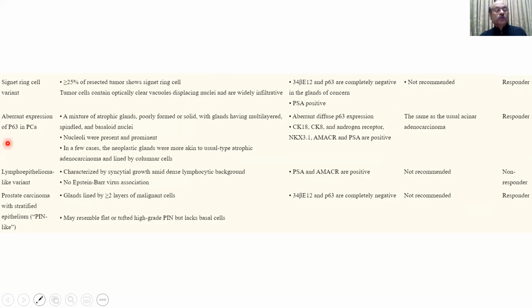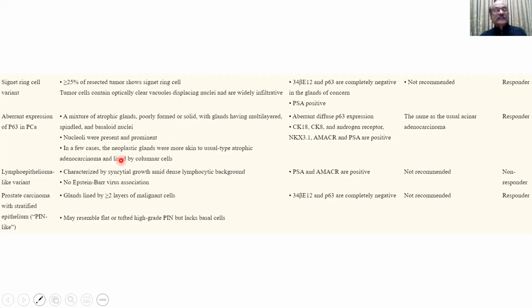Aberrant expression of P63 in prostate cancer. This is another variant. Here, a mixture of atrophic glands, poorly formed or solid, with glands having multilayered spindle and basaloid nuclei. Nucleoli are present and prominent.